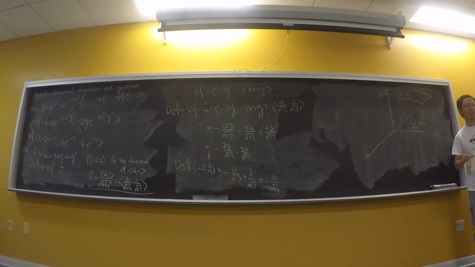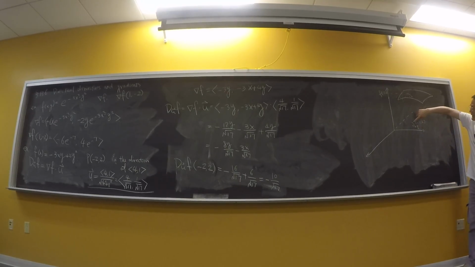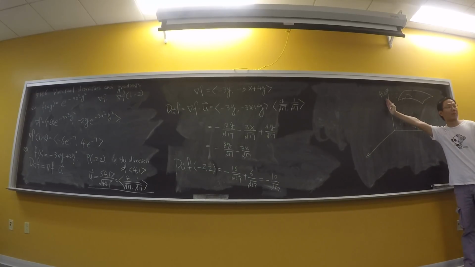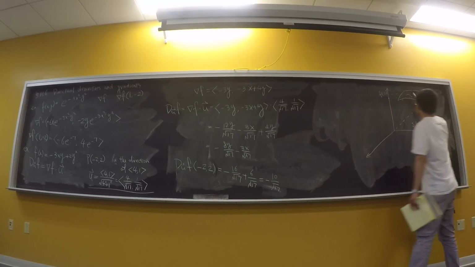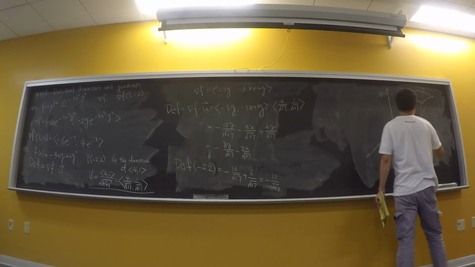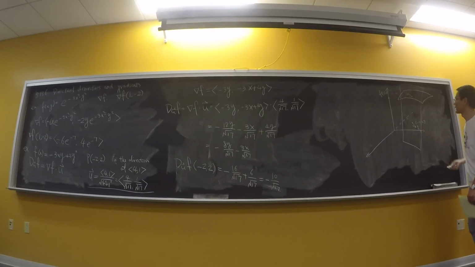And a much more direct way to understand this is, as long as I have a direction, I will be able to create a plane which is containing this directional vector and parallel to the z-axis. Right? So I can create a plane which is containing this direction.